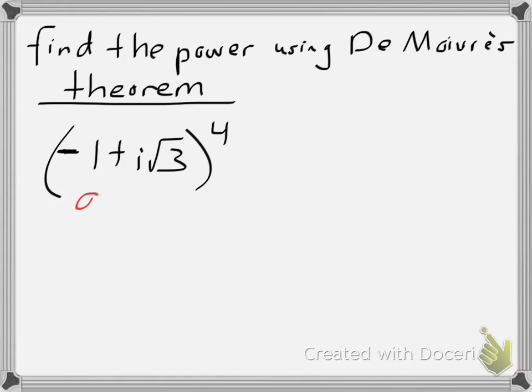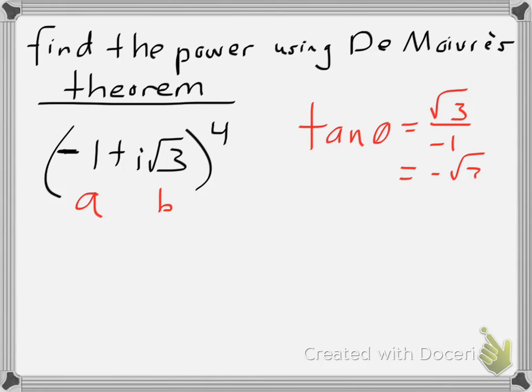So here's my a, here's my b. Let me first find the inverse tangent. Tangent of theta would be square root of 3 over negative 1, or negative square root of 3. So I need to figure out what angle this represents.